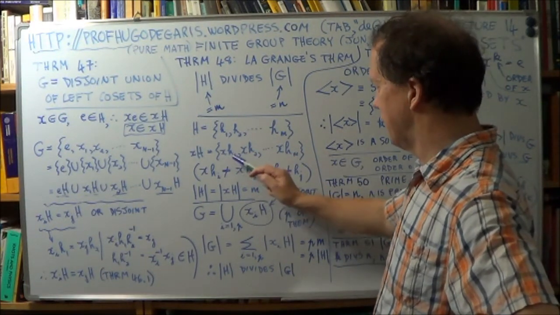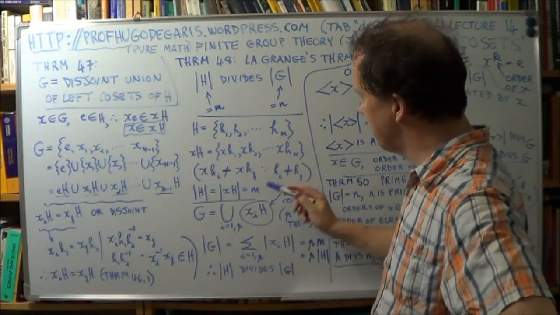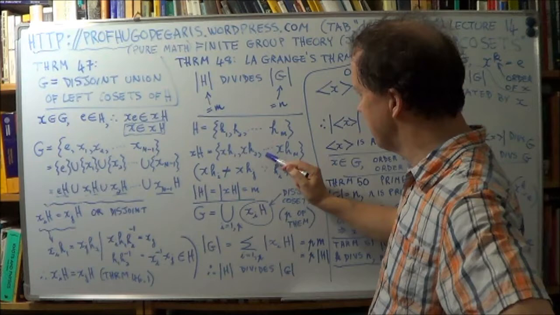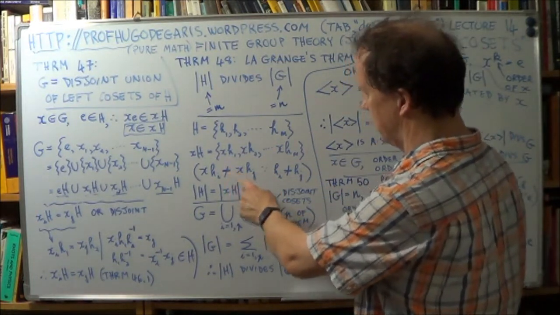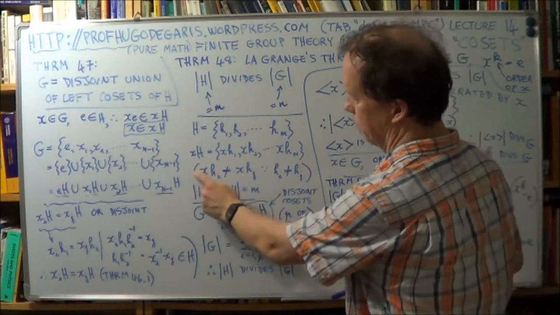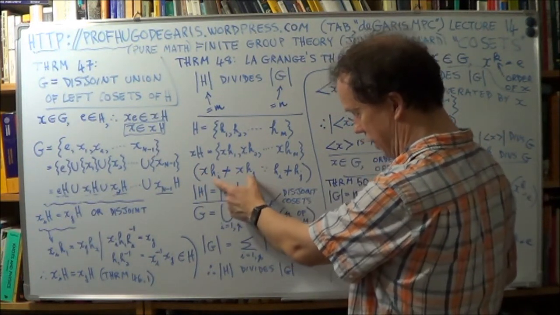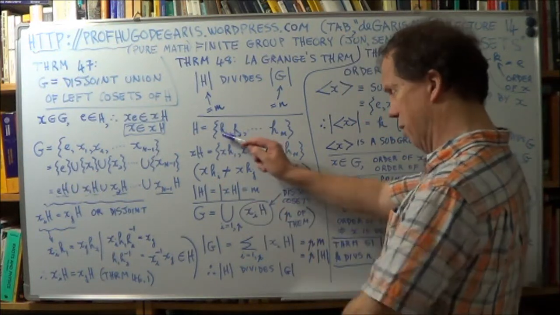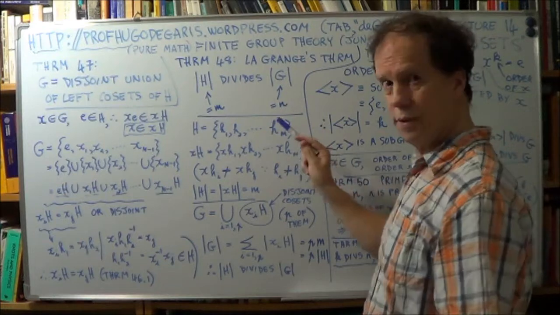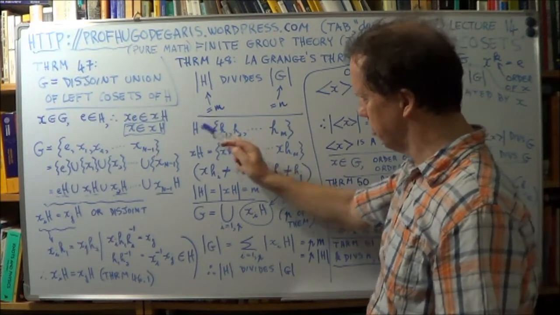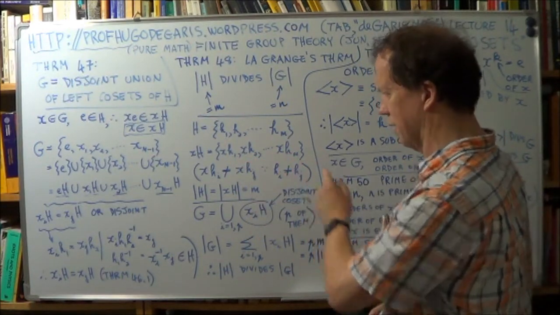Each of these xh are all distinct, because if they're equal, then you could pre-multiply both sides by x inverse and you'd get h_i equals h_j. But that's a contradiction, since the elements in the subgroup H are different. So each of these is distinct.